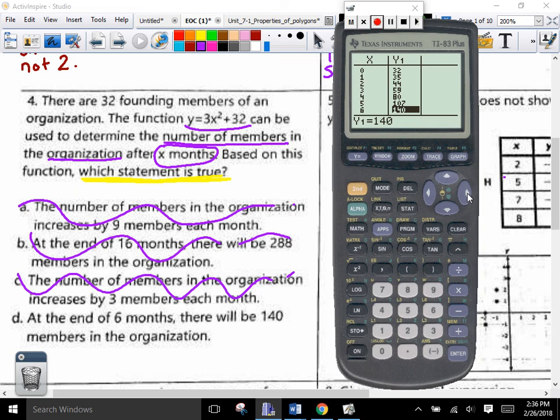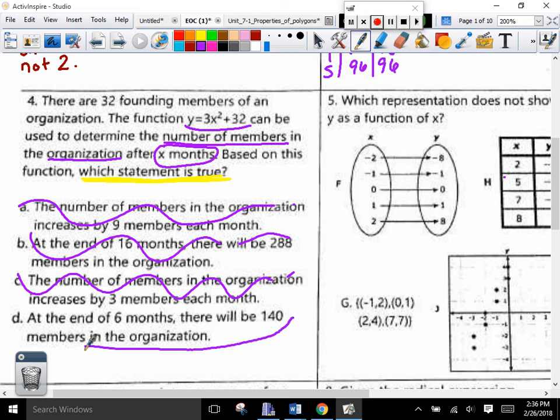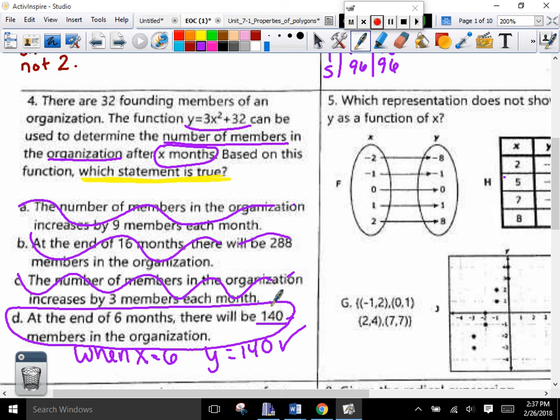So I can see there that yes, this one's correct. Therefore, that's going to be my answer. So I can put here as my explanation, when x equals 6, y equals 140, which is what this is telling me.